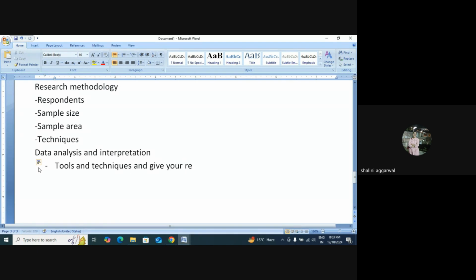This all depends on your data. If you have applied PLS-SEM software, you will be writing about whatever tables and all that have come. That will go into your data analysis and interpretation part.